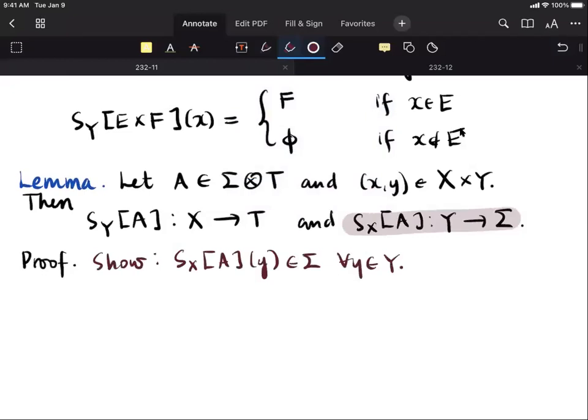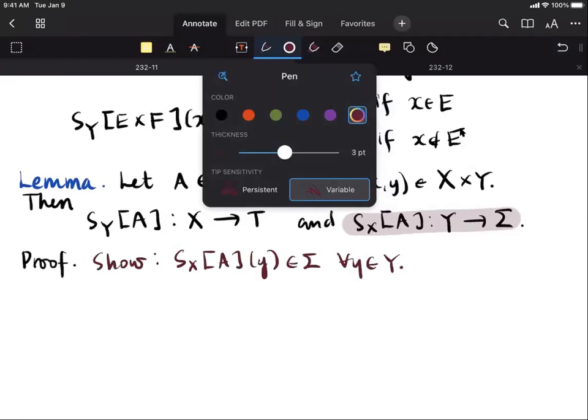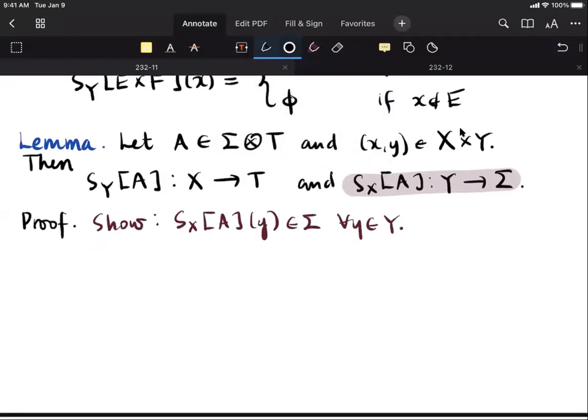The proof of the first one is similar, so we do this only for the second map.